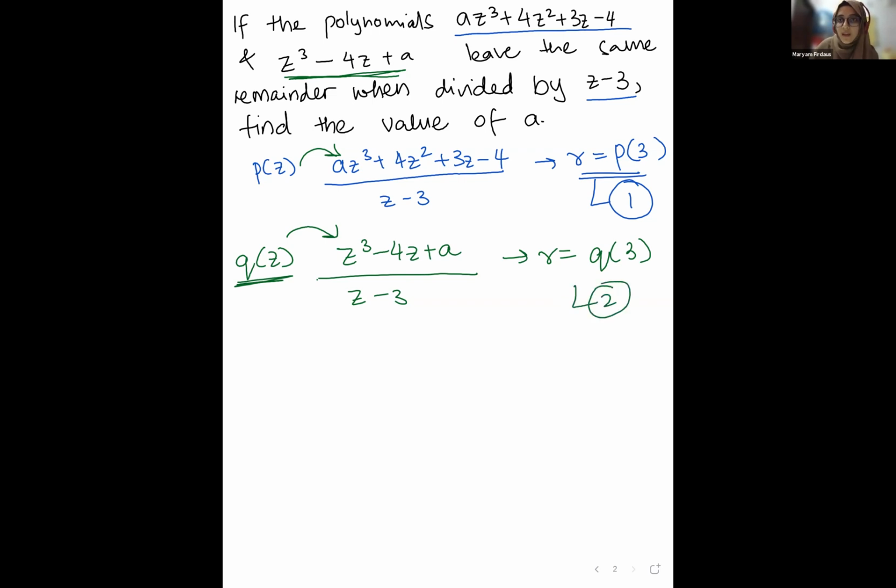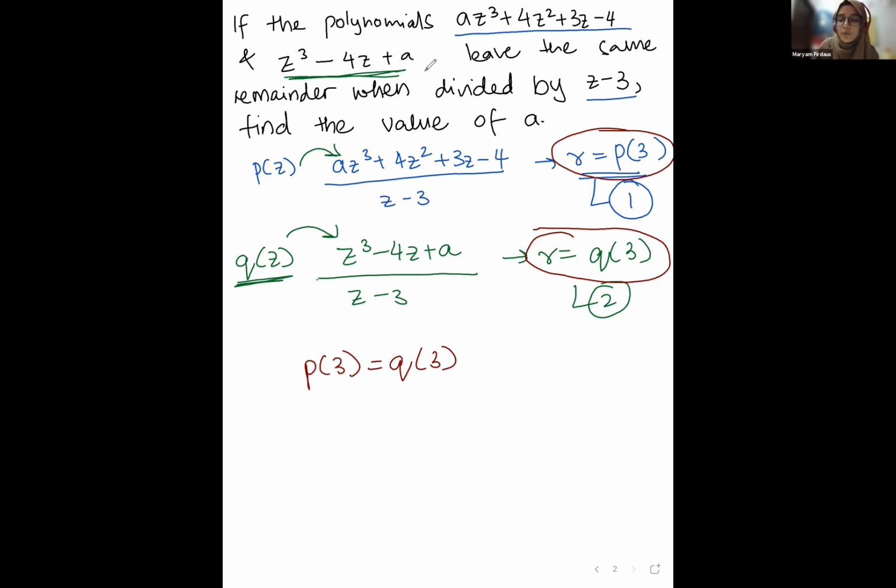Now what they're saying is that the remainder we are getting in the first division is the same as the remainder we are getting in the second division. So these two remainders are the same. Can I say that P of 3 is equal to Q of 3? Yes, ma'am.